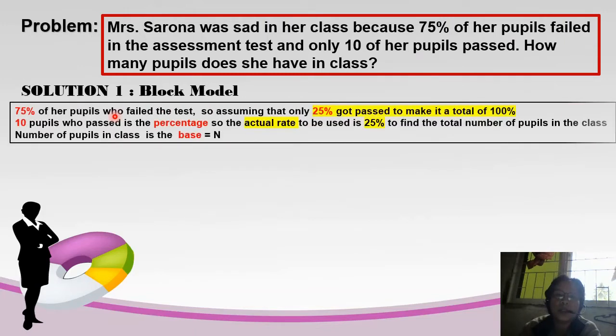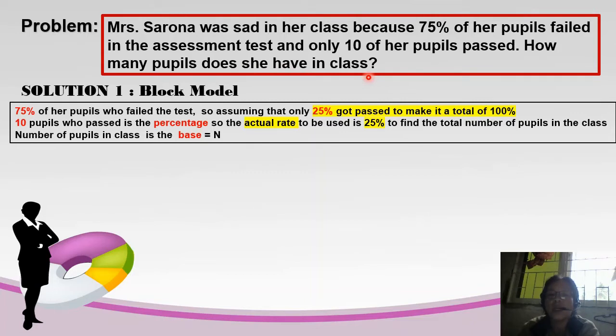Now, let's make use first of the first strategy, which is using block models. So taking all the details from the problem, we analyze. We have here 75% of her pupils who failed the test. So assuming that only 25% passed, to make it a total of 100. So this 100% represents the total population of Mrs. Sarona's class.